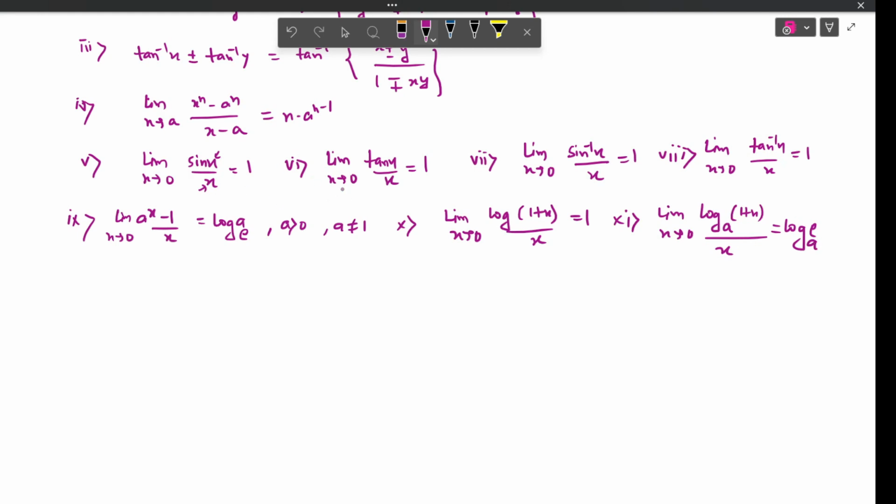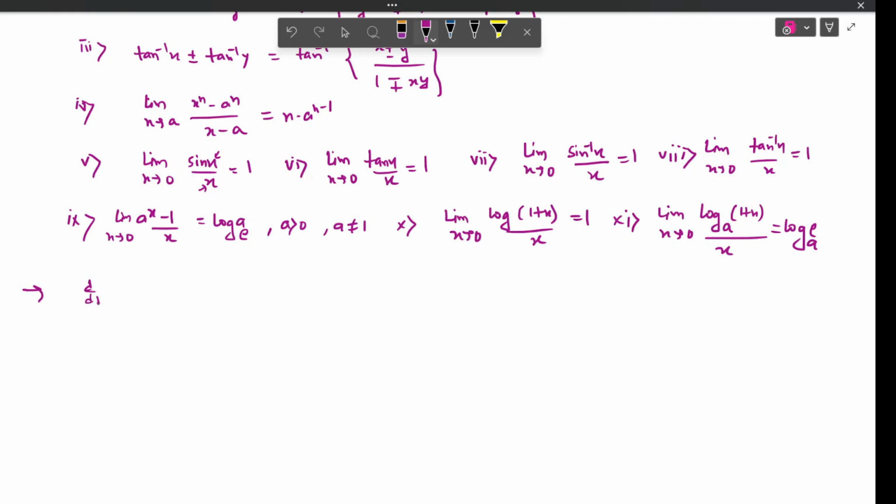These are some important formulas and some limits we have learned in the earlier classes. Now let's see some differentiation of inverse trigonometric functions.